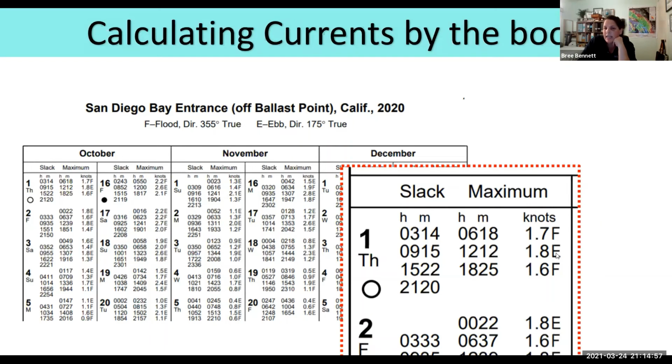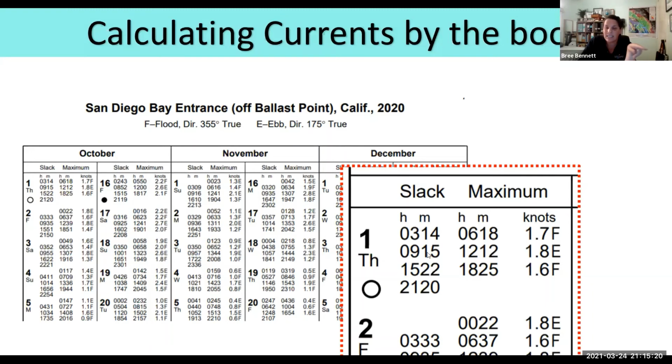And then right next to it gives us an F and an E. What do the F and the E mean? Flood and ebb. Yes. So at 6:18, we have a 1.7 flood.